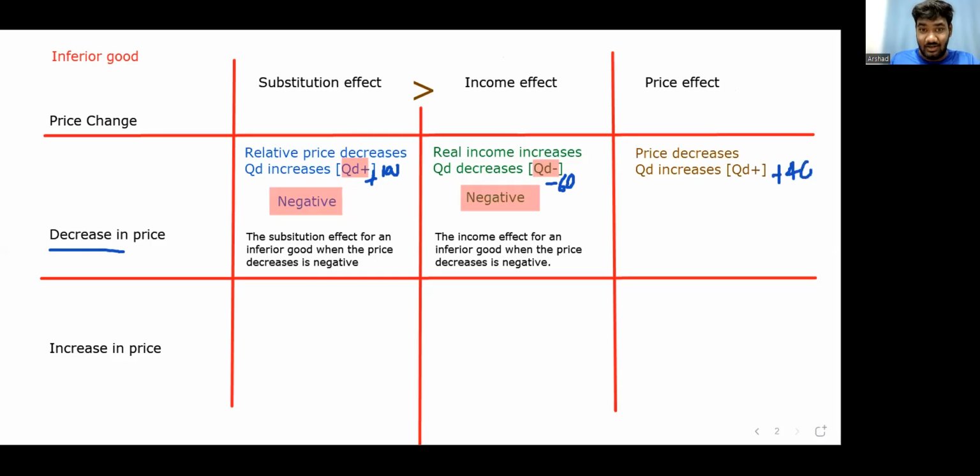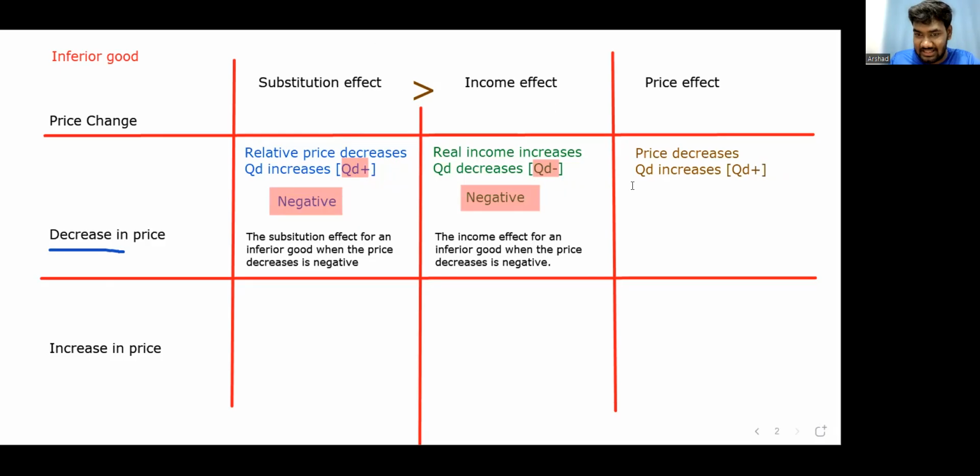Do you understand? Why? Because this effect is much stronger. So this 100 is much bigger than this minus 60. That is why overall you still have an increase in Q. The substitution effect is greater than the income effect.